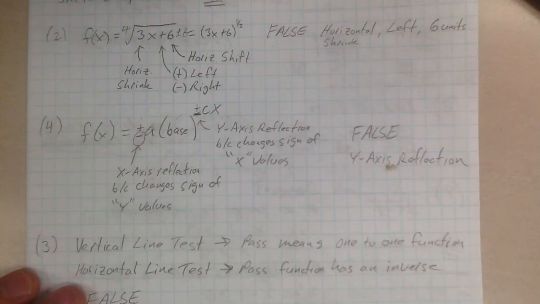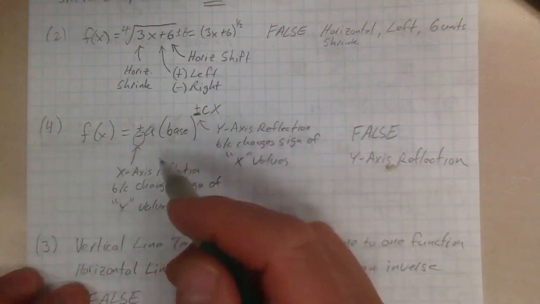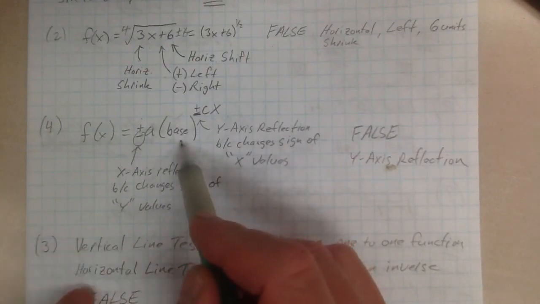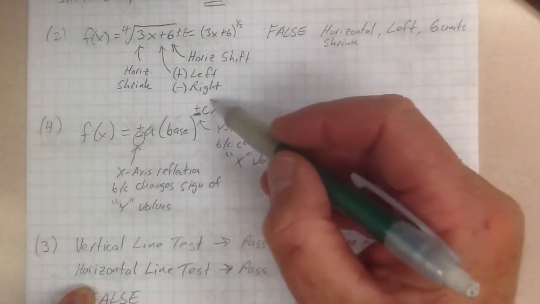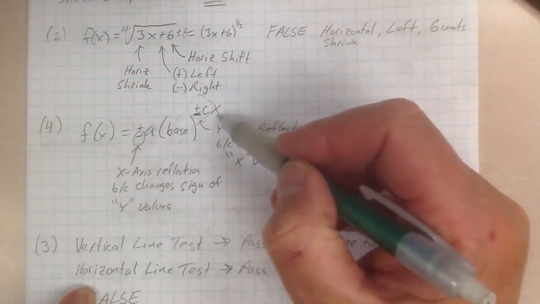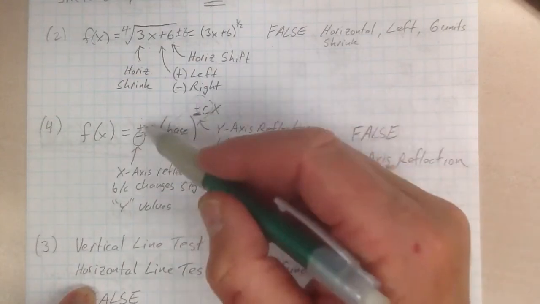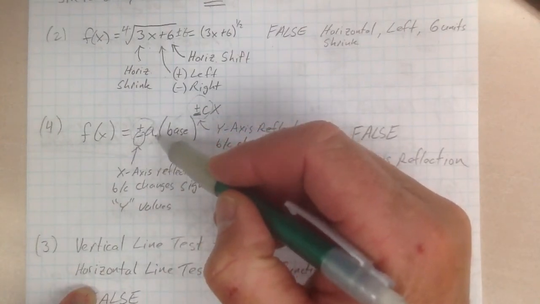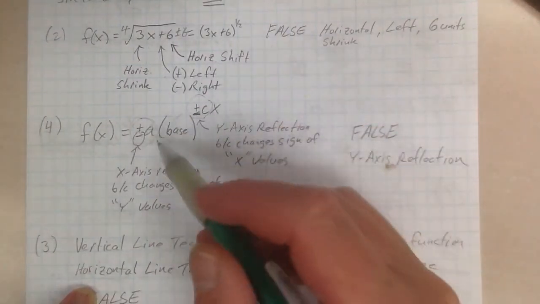Again, a transformation, this time of an exponential function. What am I looking for? I'm looking for coefficients in front of the x; that's going to affect the x value of my parent. I'm also looking for the coefficient out here in front of the base; that's going to affect the y values.